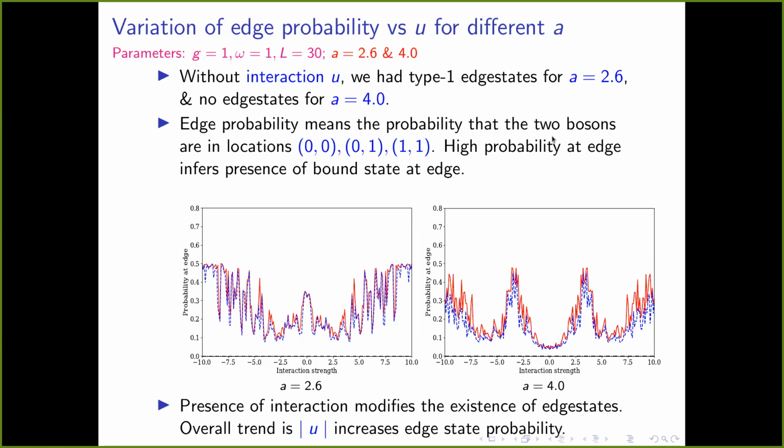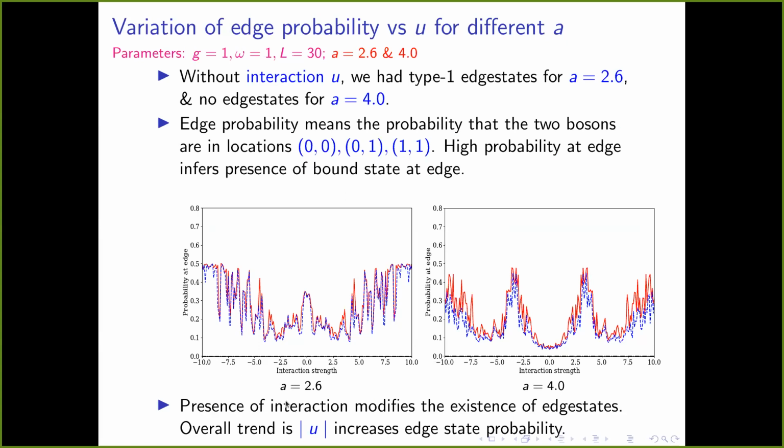Now here we have plotted the interaction strength versus, so we have this Floquet operator, then we find the eigenstates and look for those eigenstates where the probability at the edge is higher, and then plot that maximum probability at the edge versus the interaction strength.